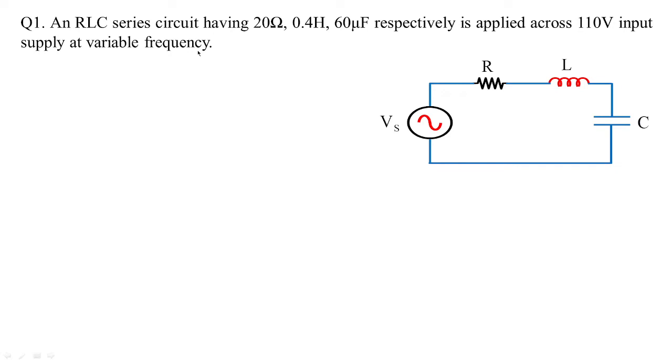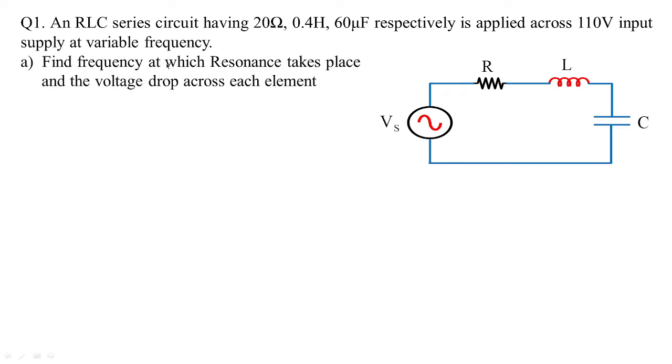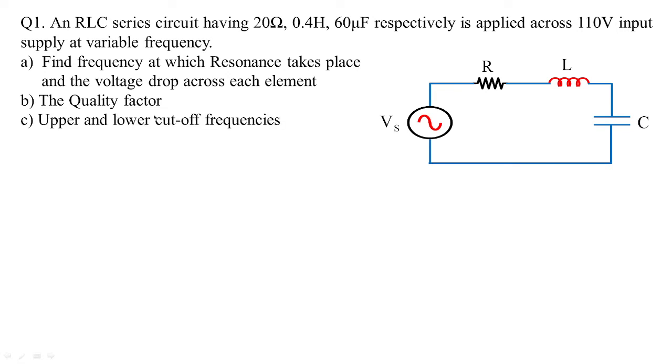Then under resonance, find the frequency at which this phenomena resonance occurs and find out the voltage drop across each element. That is our target 1. Then estimate the quality factor. That is our target 2. And estimate the upper and lower cutoff frequencies of this series RLC circuit when applied to 110 volts. So how do we solve this particular problem?